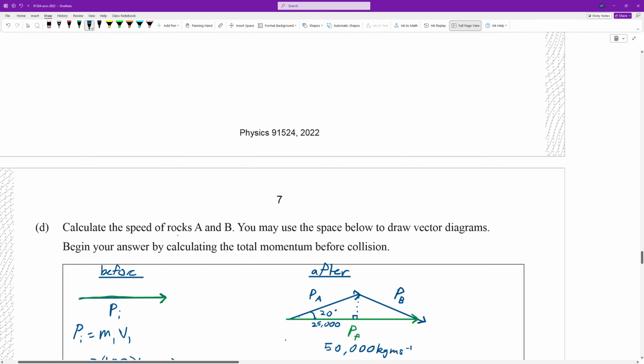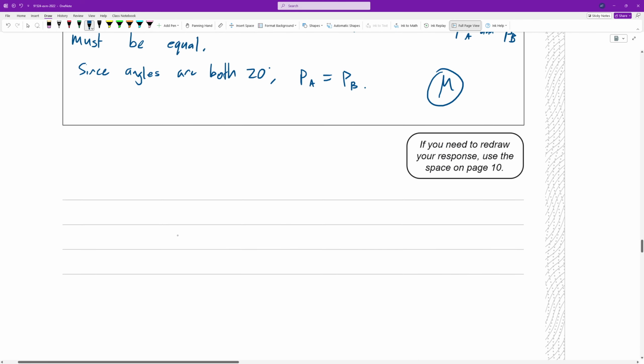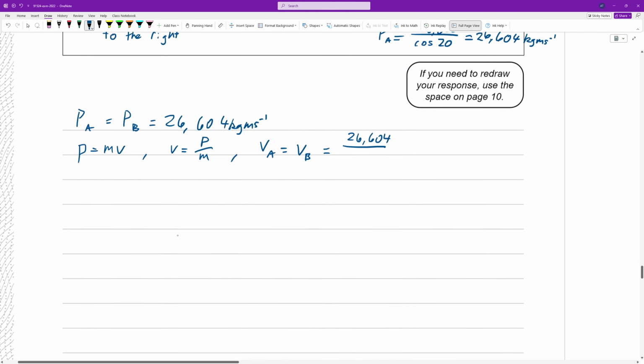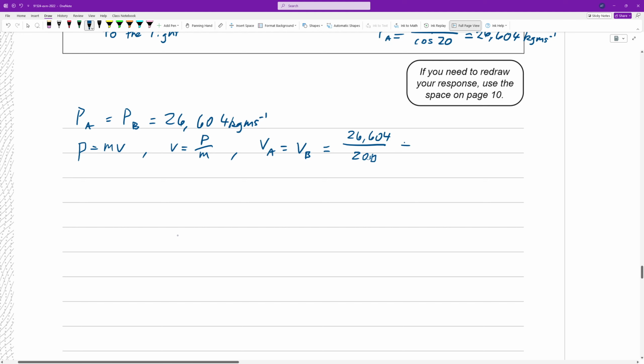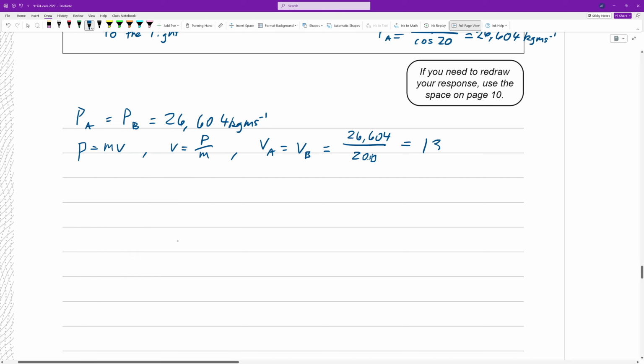Was it 100? Nope, it was 200. Good thing I checked. Always double check. Divided by 200, giving us 133 meters per second. And that is an excellent question.